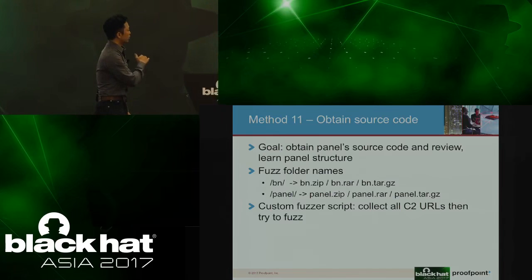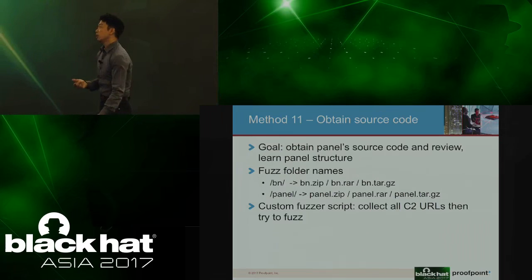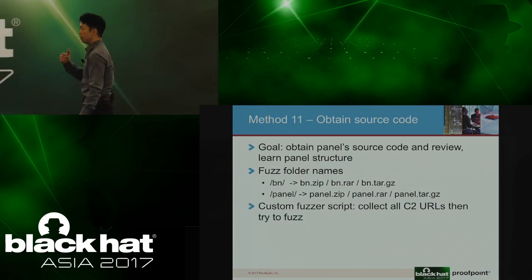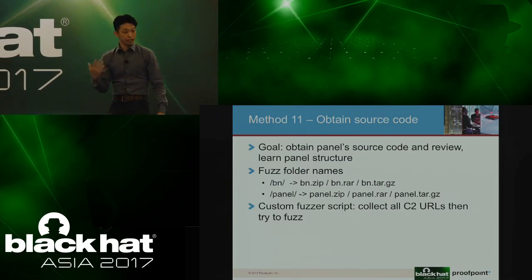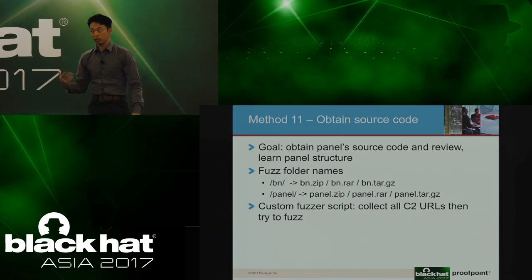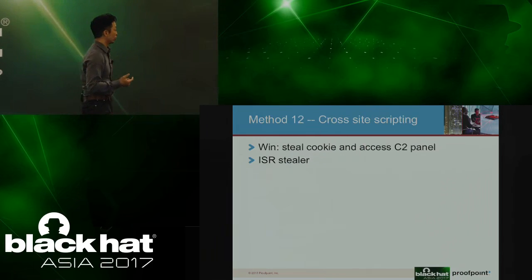And so what we do is we have some fuzzer scripts that we wrote that try to fuzz folder names or URLs, just trying to download stuff. And when you're able to download stuff, a lot of times you will hit upon source code.